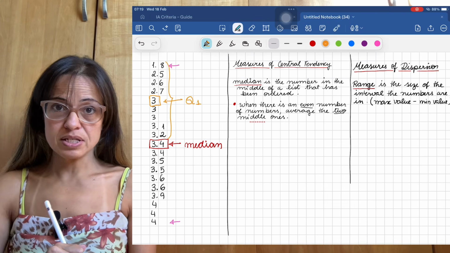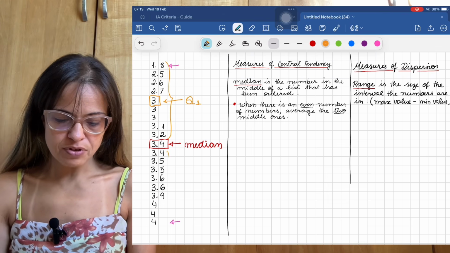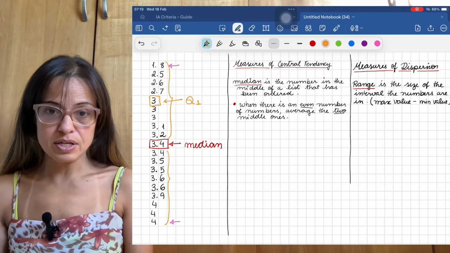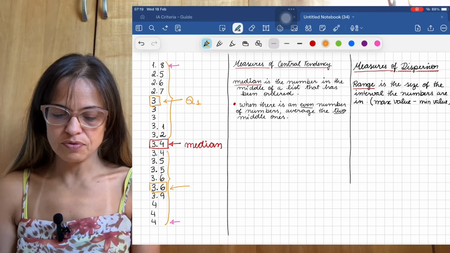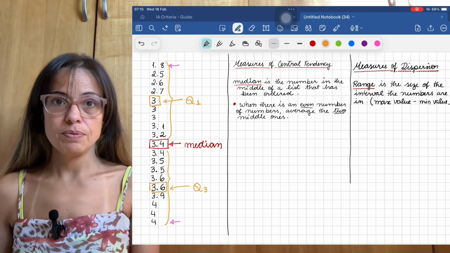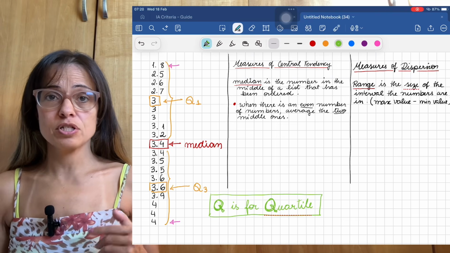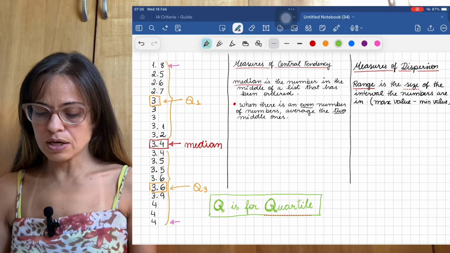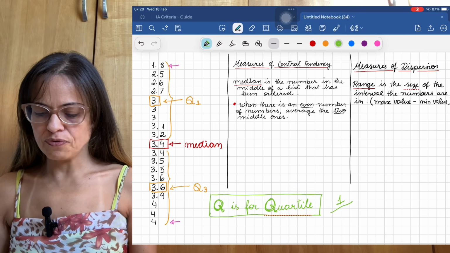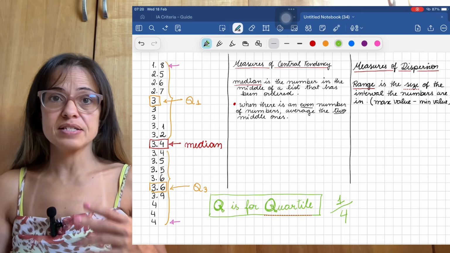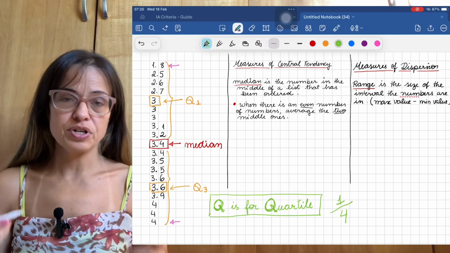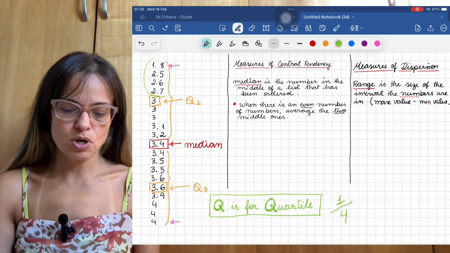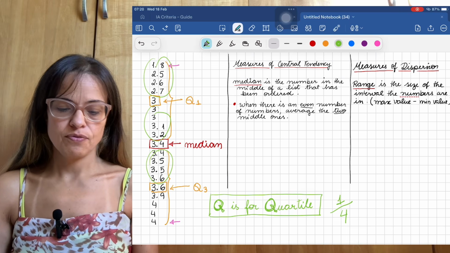And then we're going to do the same on the bottom half, get the median of these 9 numbers, which is 3.6. And to this, we are going to give the name Q3. The letter Q here is chosen because of the word quartile, okay? Quartile is supposed to refer to 1/4, dividing something into 4 parts, which is exactly what we're doing to our list here. We are dividing it into 4 parts, 1, 2, 3, 4.